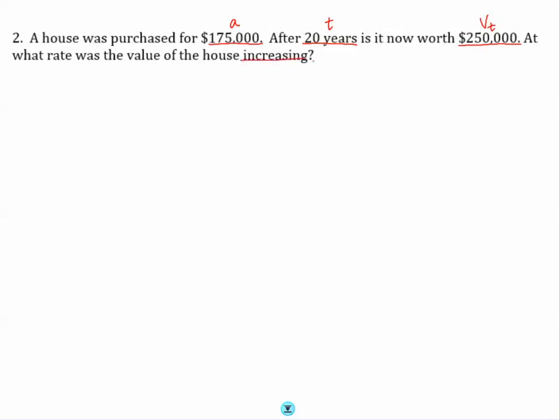Now, it says increasing, so we know we're going to use the plus version of the formula. So let's plug our numbers in. So if we want to solve for r, first we need to divide both sides by 175,000.